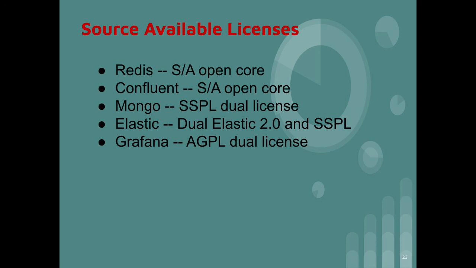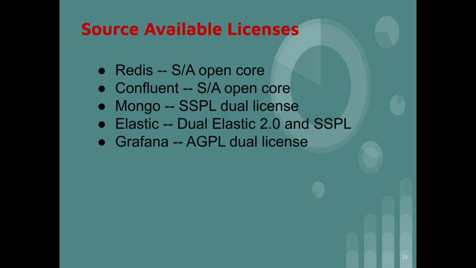And those source available licenses basically say that you cannot use the software to stand up a competing software as a service. That way, those companies are reserving for themselves the ability to deploy that business model as part of their open core model and monetize software as a service.